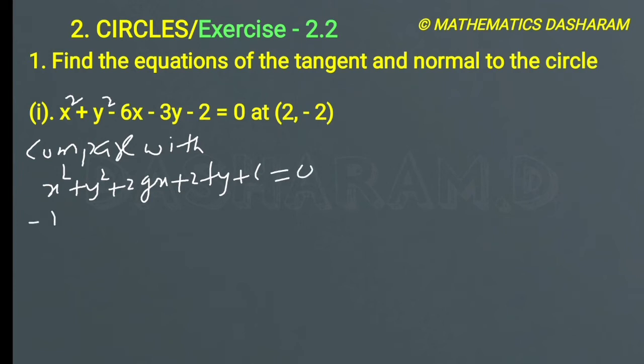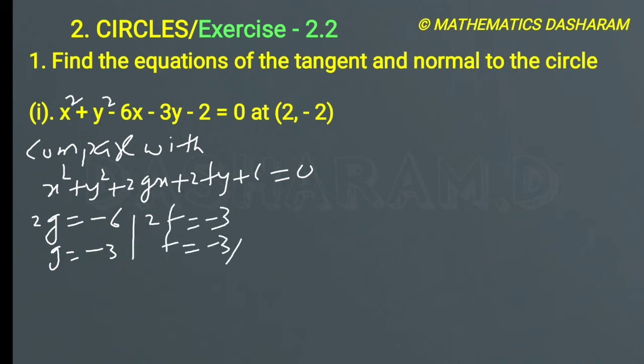Here 2g equals minus 6, so g equals minus 3. Next 2f equals minus 3, then f equals minus 3 by 2. The constant c equals minus 2. The given point (2, minus 2) is denoted by P(x1, y1).